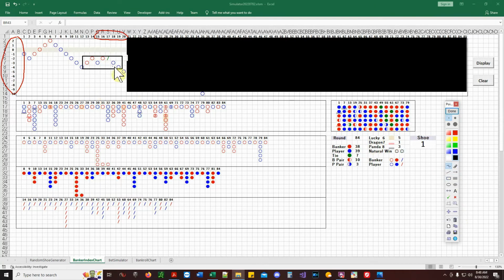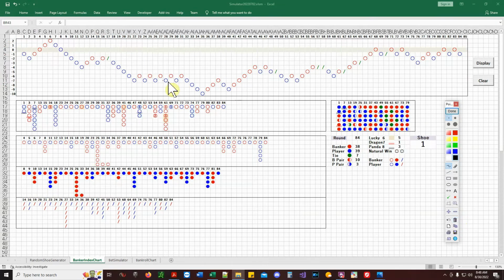Just not remembering what's going on in this shoe. That would be my confirmation to the downside right there. Okay. So my next bet would be player. I don't remember exactly what happened. I've got so many things on my mind. And you can see player started. Depending on your money management is how you would handle that range.